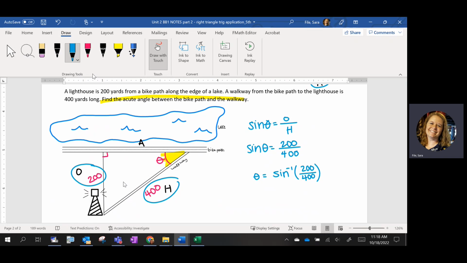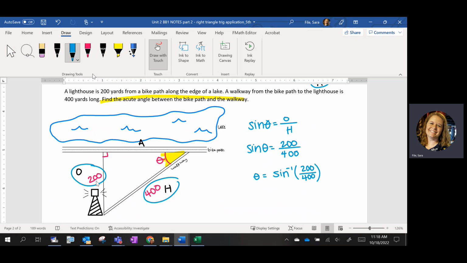The relationship between this hypotenuse and this leg, look at those numbers, 200 to 400. What's that relationship? The leg is half the hypotenuse, or the hypotenuse is double that leg, right? Do y'all remember any right triangles where the hypotenuse is twice as long as one of the legs?